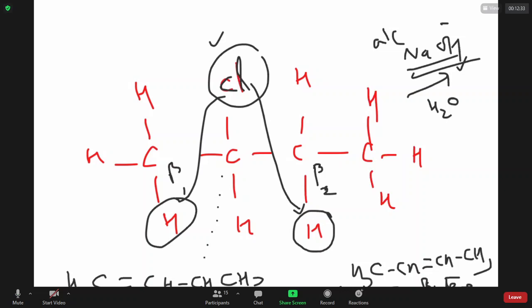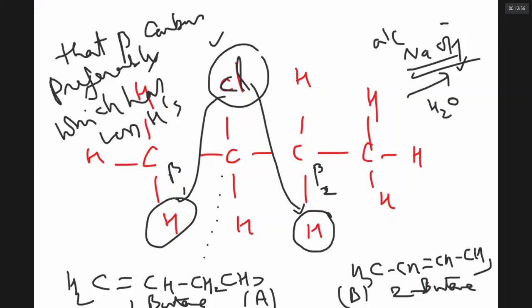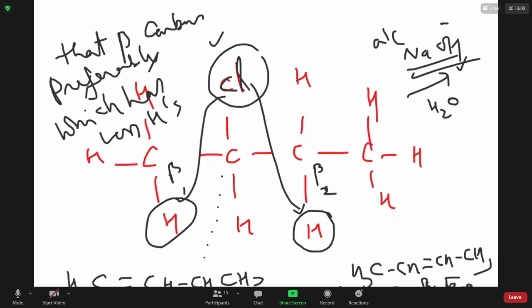In elimination reactions, there is a rule. Whenever an elimination is happening, hydrogen is removed preferably from that beta carbon which has less hydrogens. So which beta carbon has less hydrogens, beta 1 or beta 2?